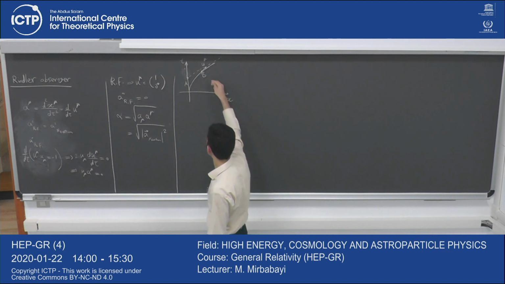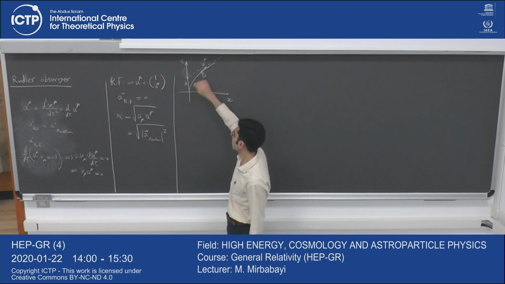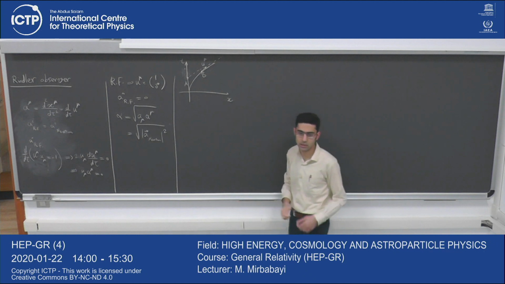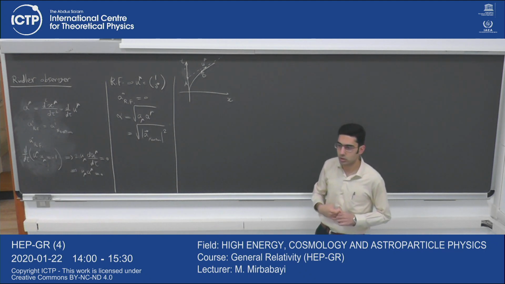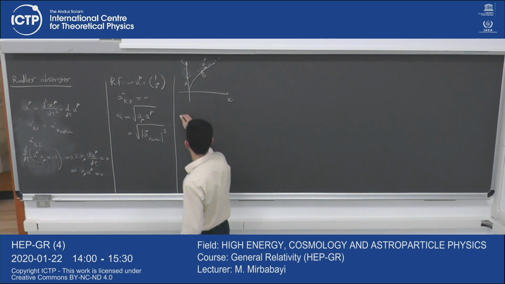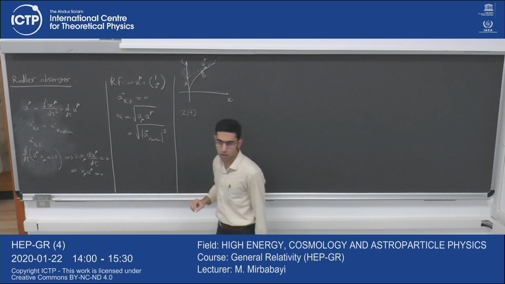Okay, so the first thing to do is to determine what this trajectory is, right? We want to understand first what is the equation that describes this world line. In other words, we want to know what is x of t, for instance.